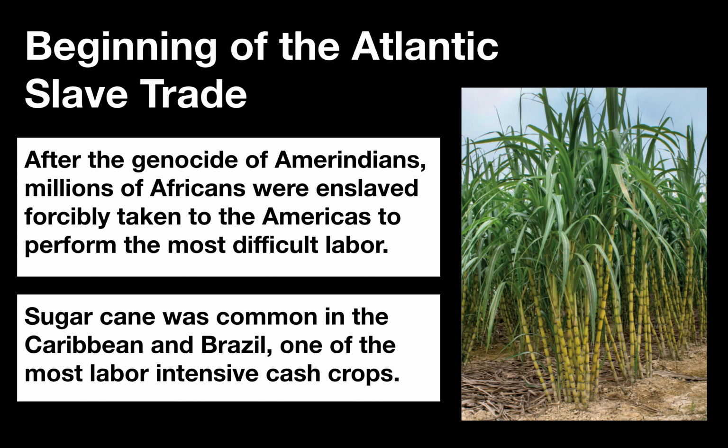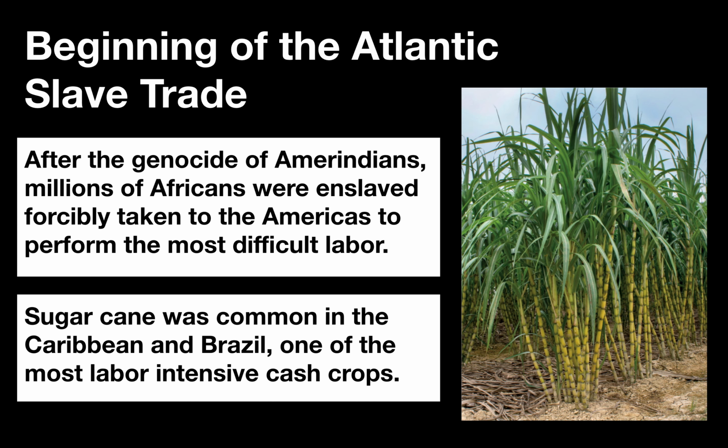So the Europeans develop a system. They go to Africa. They bring goods, mainly things like guns. They sell those guns, and in return they purchase enslaved Africans. They bring them to the Americas, where they work on these plantations, like sugar plantations, right?